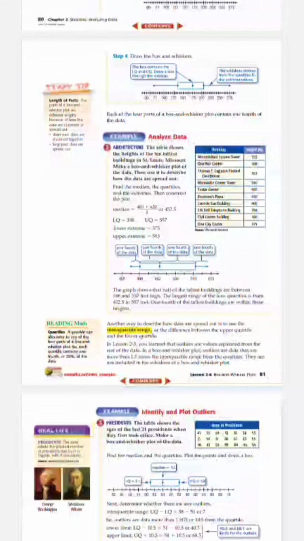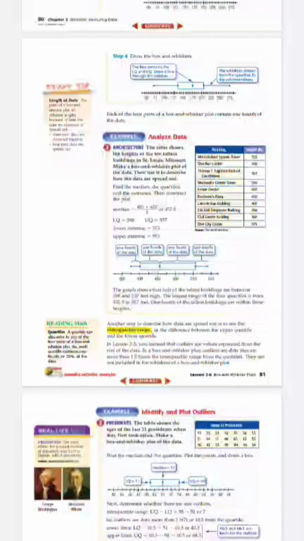Another way to describe how data are spread out is to use the interquartile range, or the difference between the upper quartile and the lower quartile. In Lesson 9.3, you learned that outliers are values separated from the rest of the data in a box and whisker plot.